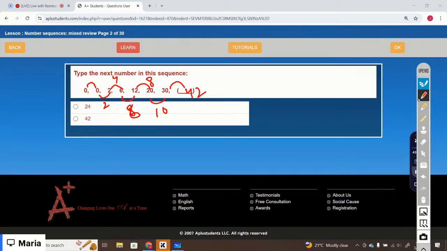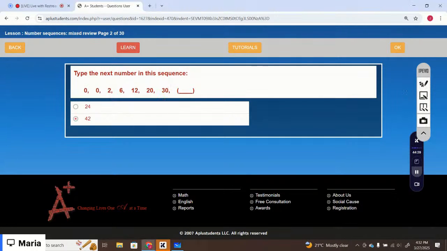That is 42. Option number 2 is the correct option.